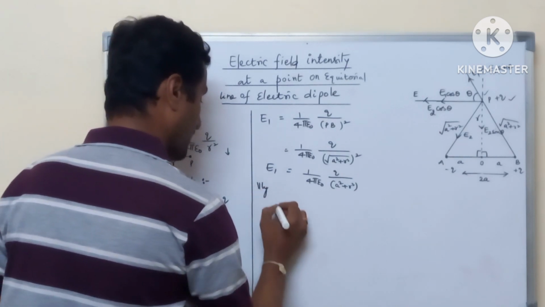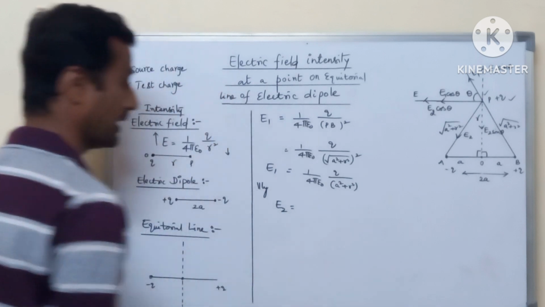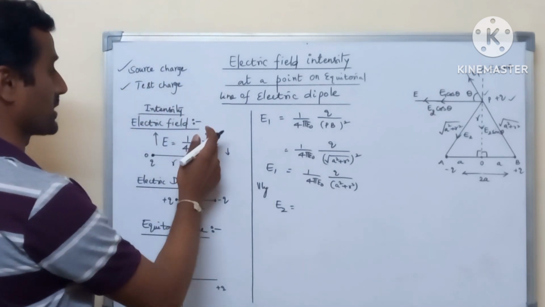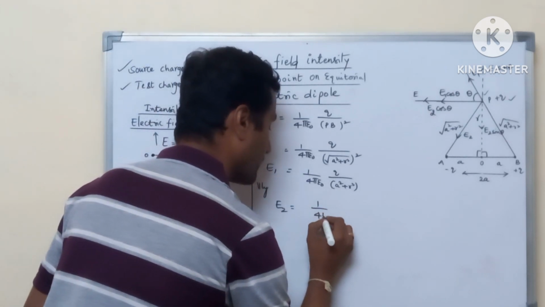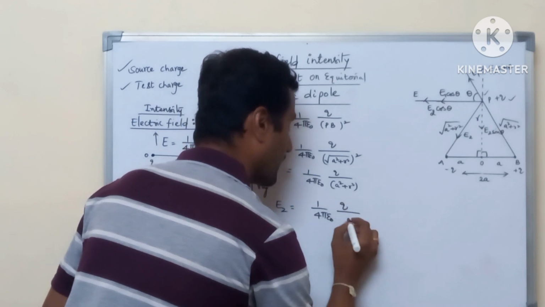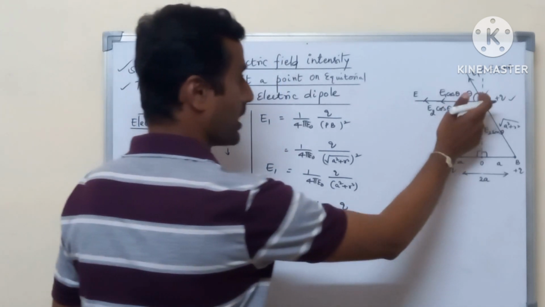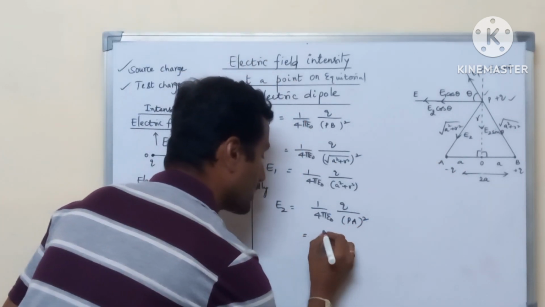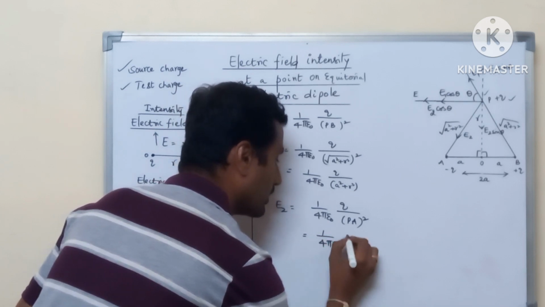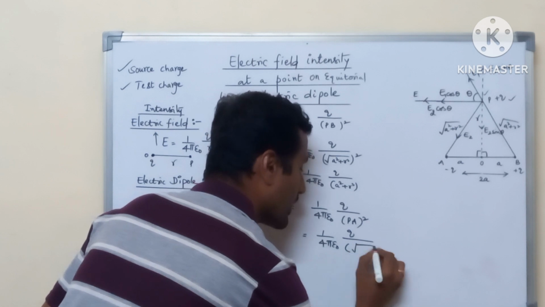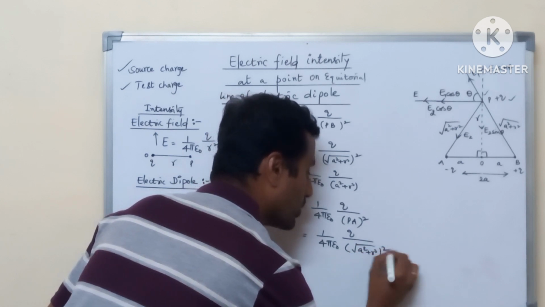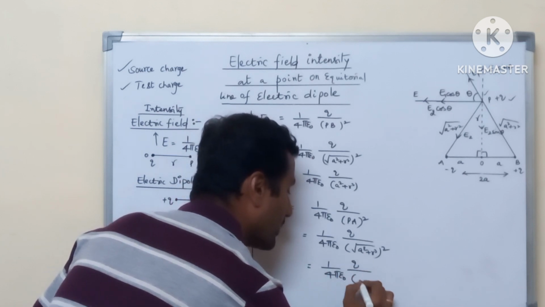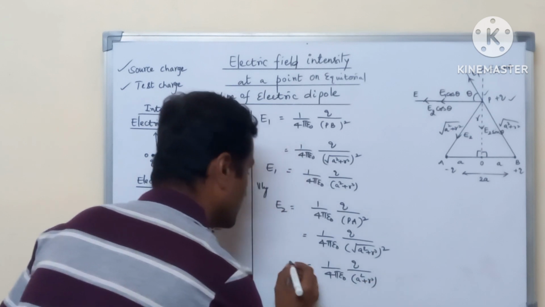Similarly, the electric field E2 at P can be calculated again by using the formula 1 by 4 pi epsilon naught q by r square, where r is the distance from P to A. So PA whole square, that is equal to 1 by 4 pi epsilon naught q divided by square root of a square plus r square, whole square, that is equal to 1 by 4 pi epsilon naught q divided by a square plus r square.